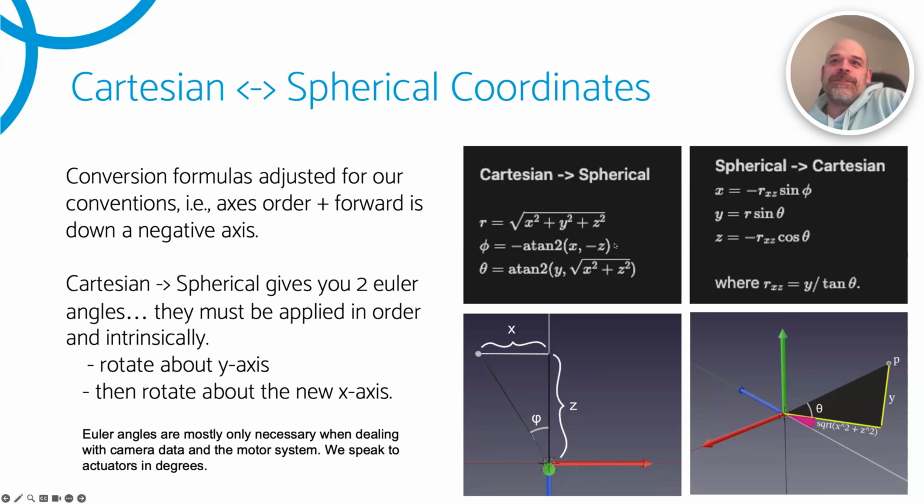The second one you'll probably see written differently if you look up how to do this conversion, because most texts don't have the negative z-axis as forward. Because we do have the negative z-axis going forward, we have to drop this negative sign in here, which actually converts us temporarily to left-handed, because it makes the determinant -1 by multiplying a coordinate by -1, which we then have to undo here.